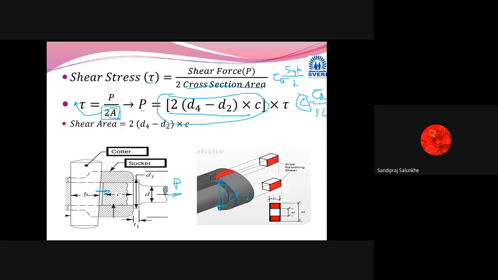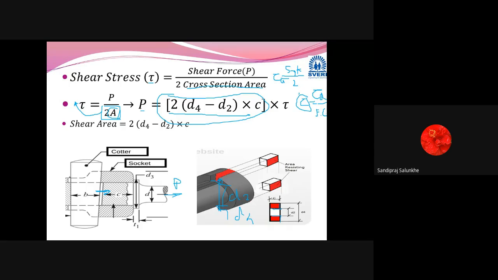If you subtract this D2 from this D4, we are going to get this length plus this length also. Am I right? Once you have got this length, the only thing is that we have to calculate this vertical length multiplied by this horizontal length, which will be the area, right?